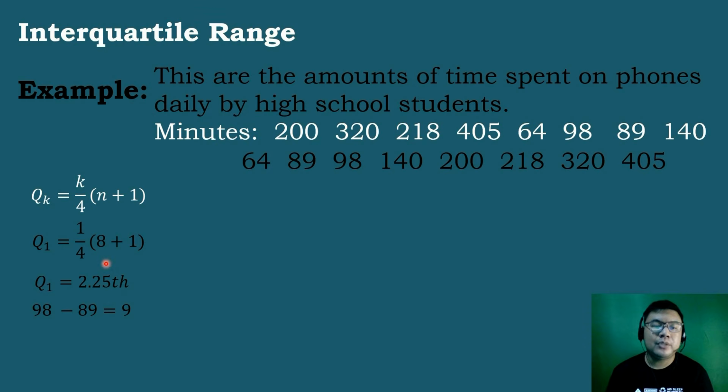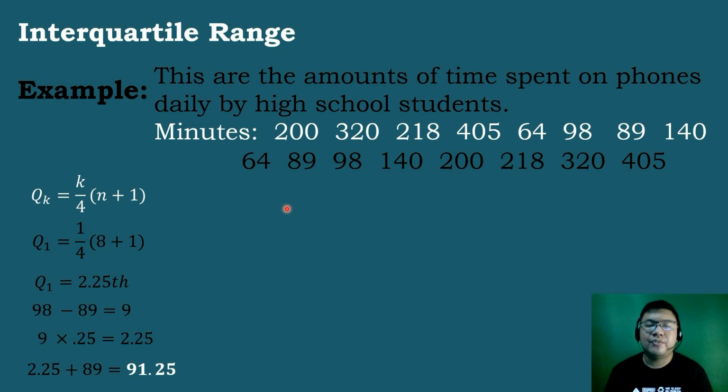After that, we multiply 9 by 0.25, and 9 times 0.25 is equal to 2.25. Then we add this to our second number, which is 89. So 2.25 plus 89 is equal to 91.25.